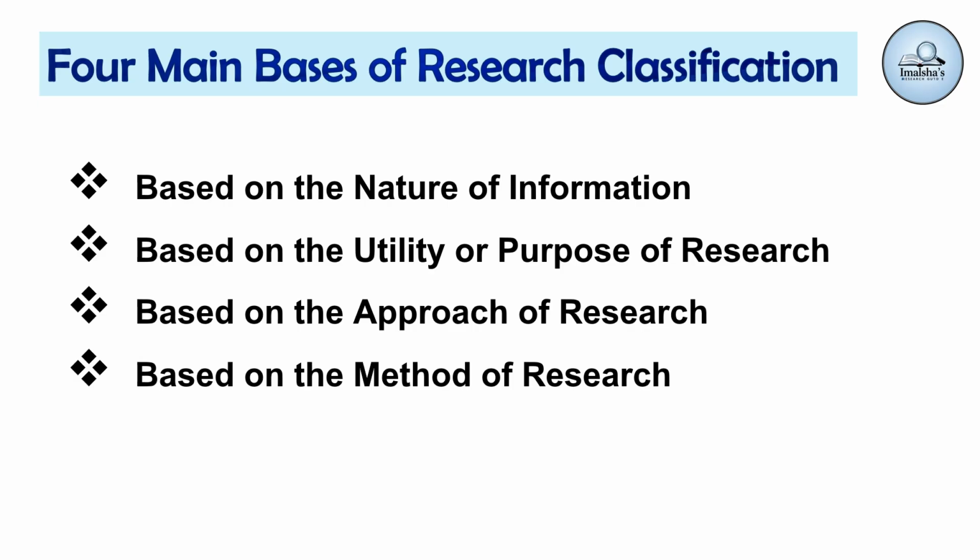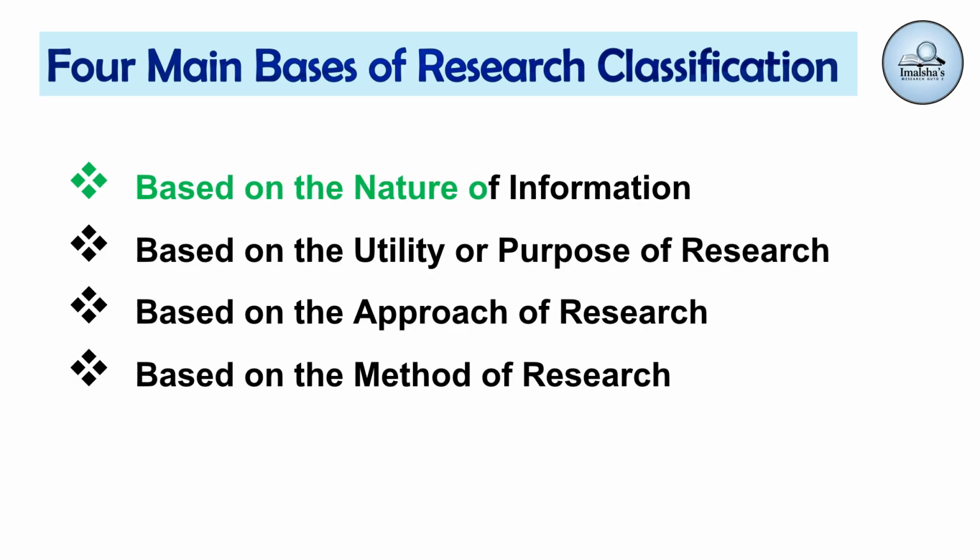Some studies are done just to build knowledge, while others try to solve practical everyday problems. So, depending on these differences, research can be classified in several ways. But to make things simple, we usually divide it into 4 main approaches, or you can say 4 main bases of classification. Let's take a quick look at what they are.